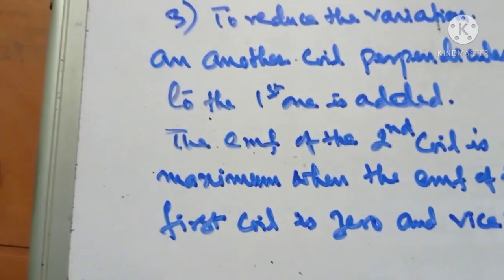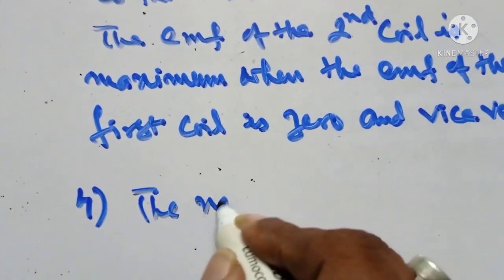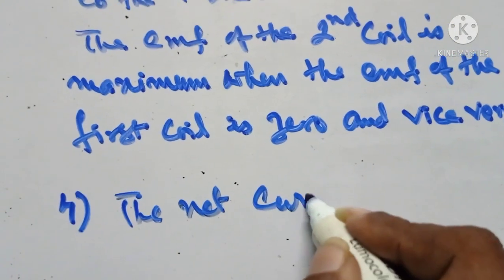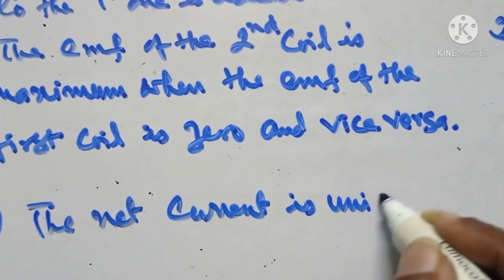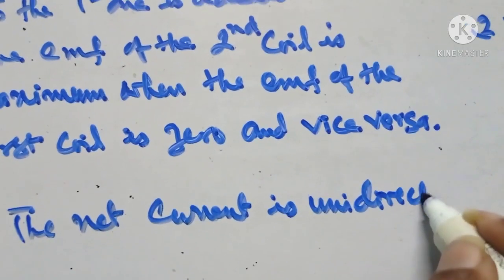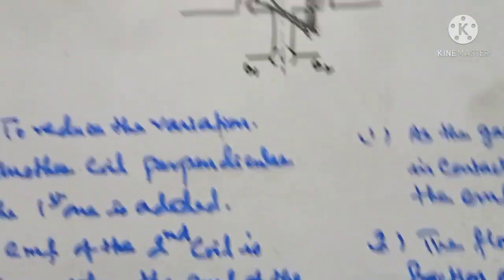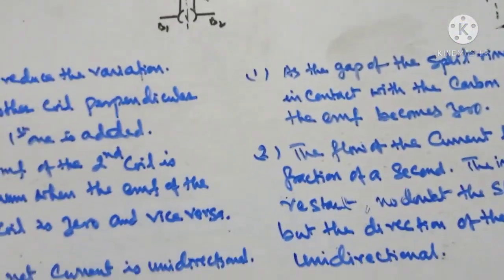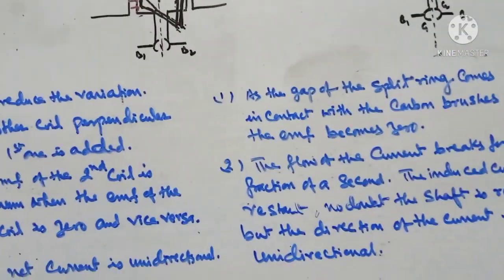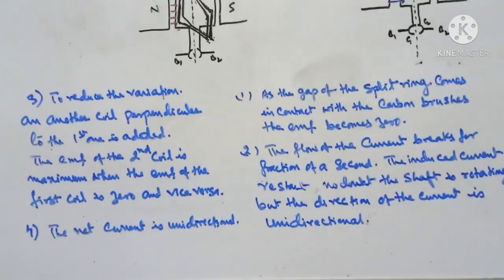And last, the net current is unidirectional. This is how a DC generator works.